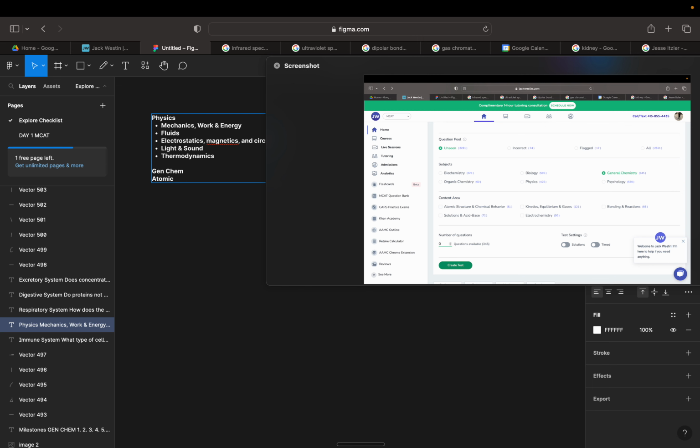atomic structure and chemical behavior, kinetics, equilibrium, and gases, bonding, and reactions, solutions, and acid, base, electrochemistry.